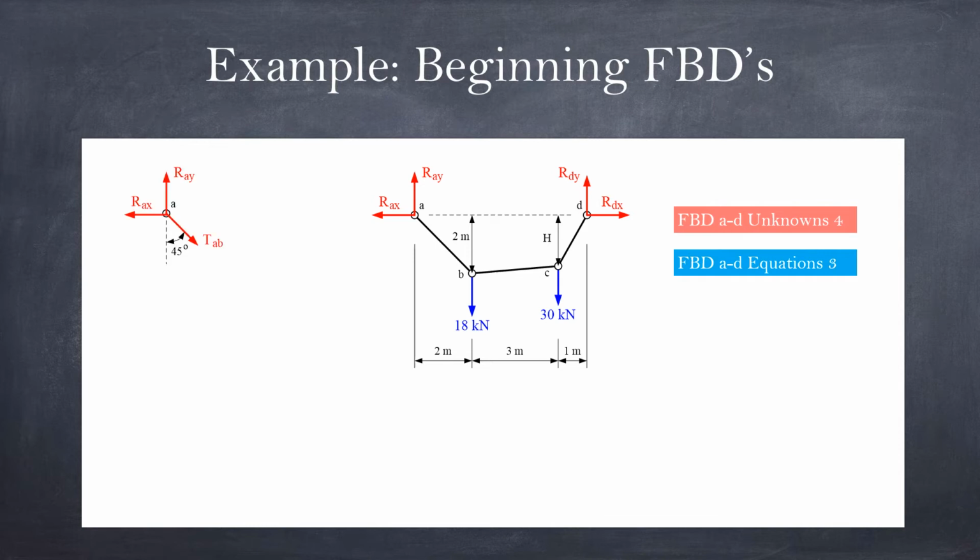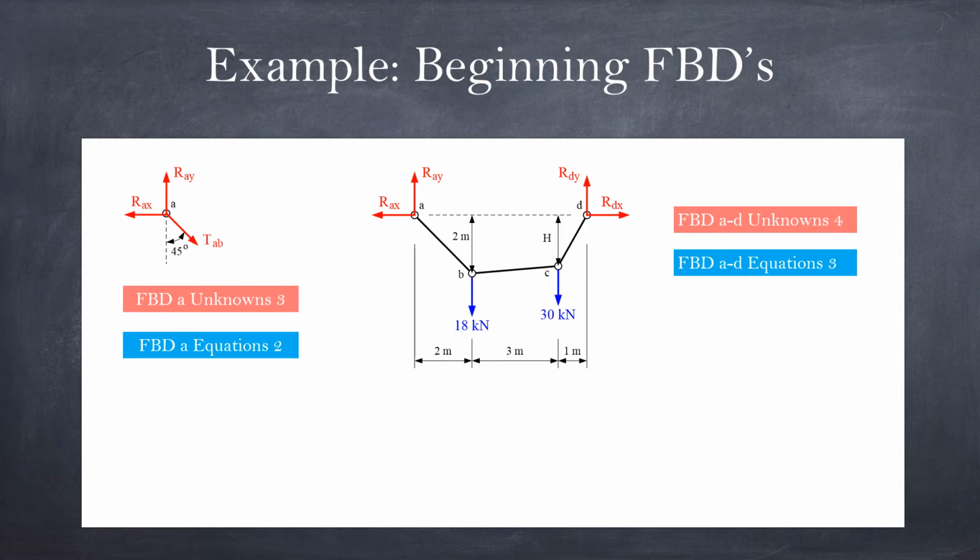So if I draw the equilibrium free body diagram of joint A, now we have 3 unknowns: AX, AY, and tension in the cable AB. But we know that we have only 2 equations per joint, so it seems like we are still stuck, but not really.